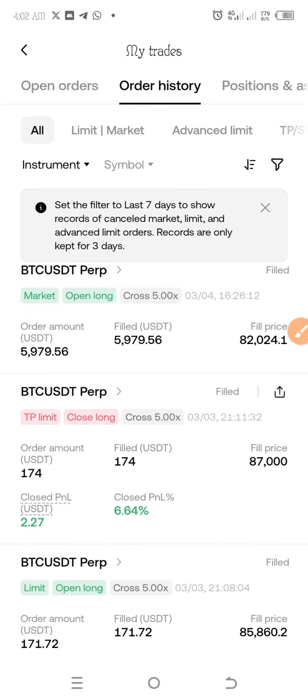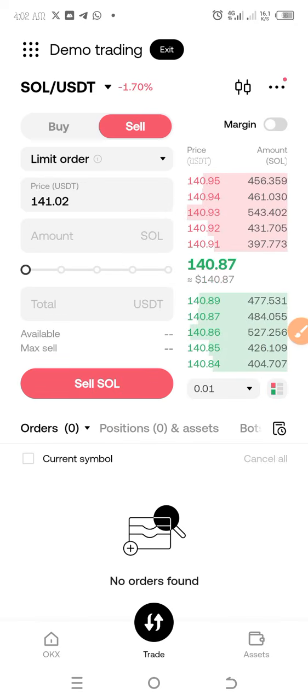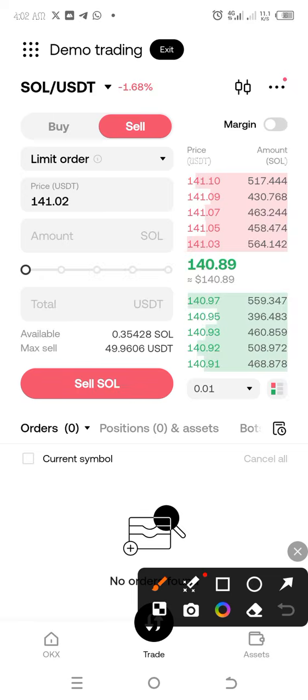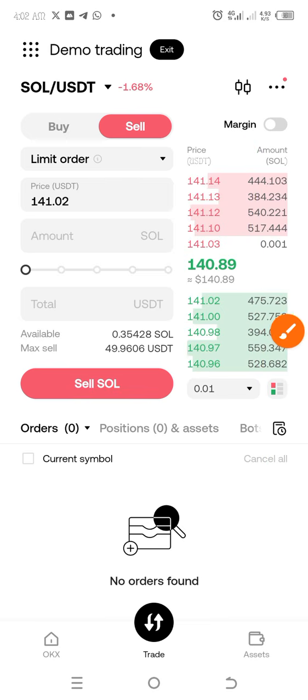I actually practiced this strategy and it worked well, and I used real money to do it. But for you as a beginner, as a learner, as a newbie, you can take advantage of this. Now you click on this place, you click on this to check, and you will see what exactly I'm talking about.